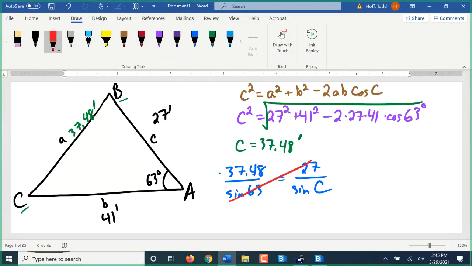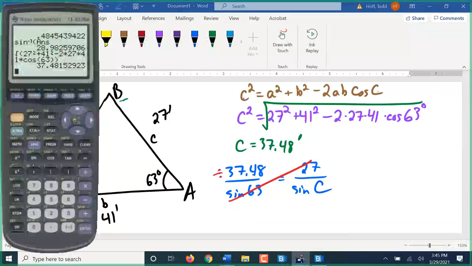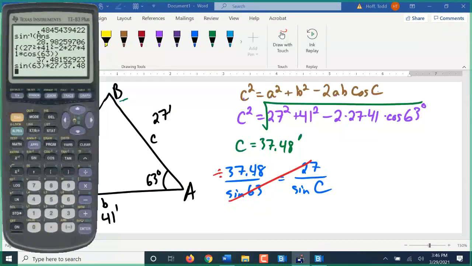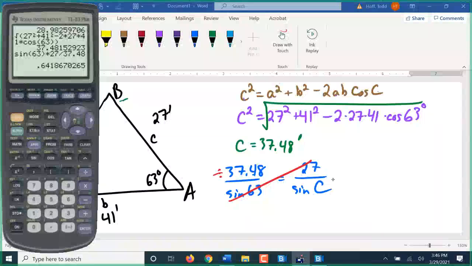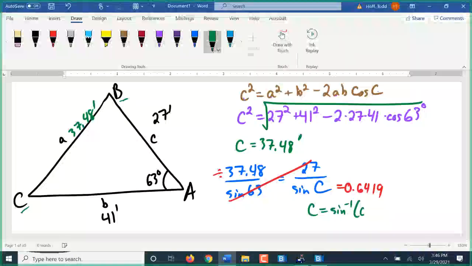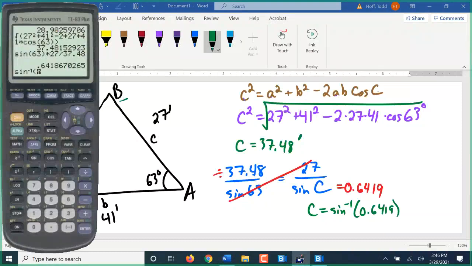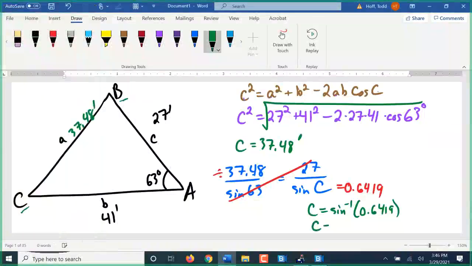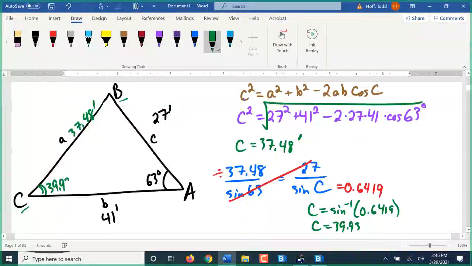So we're going to cross multiply and divide here. 27 divided by 37.48 times the sine of 63. 39.93 is what I get. 39.93 degrees.